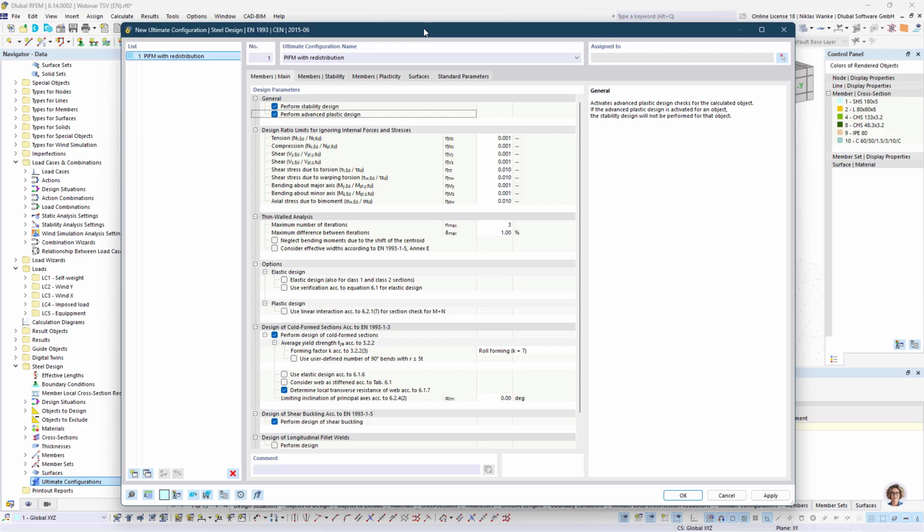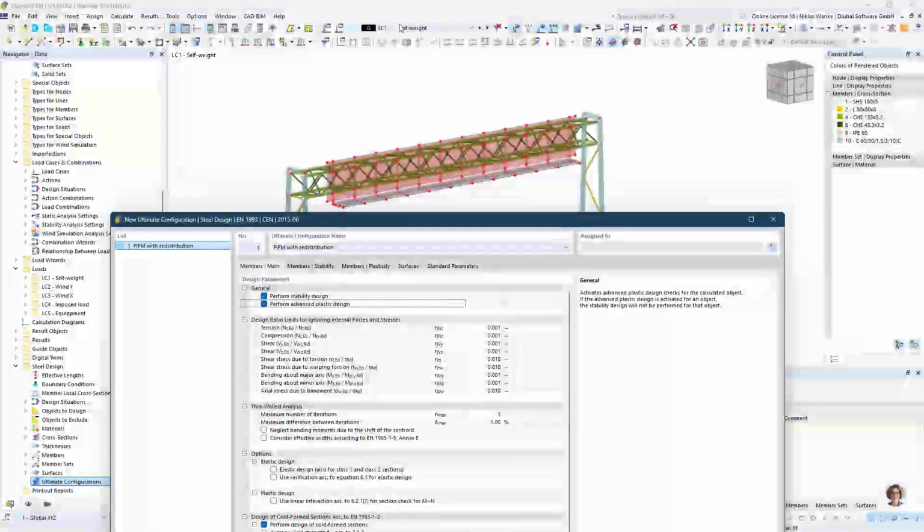And if we want to use this, there are some conditions that we have to fulfill. The first condition is that we have to calculate according to second order theory. I showed you that the load combinations use second order theory, so that condition is fulfilled. Second condition is that we need to activate the torsional warping add-on. So we need to calculate on a 7 degree of freedom system.